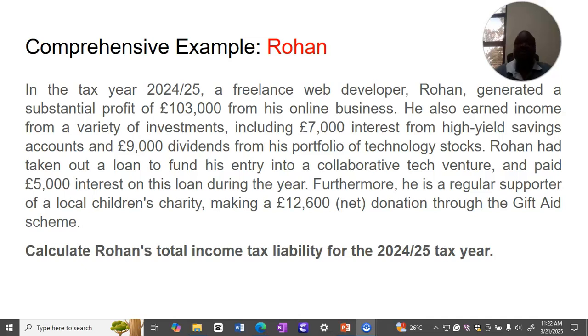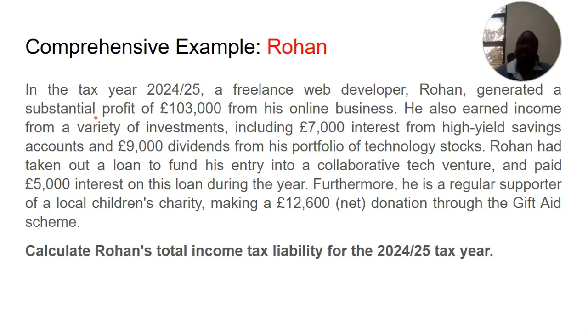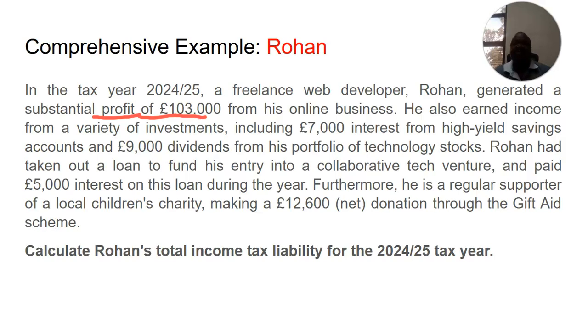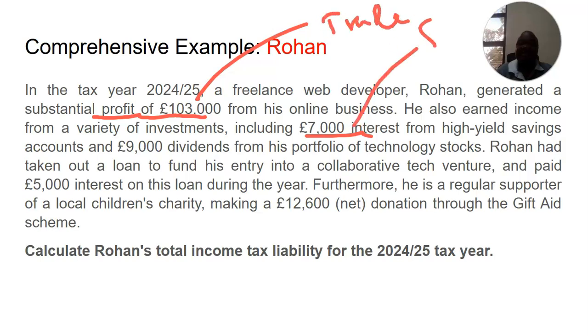So Rohan generated trade income. There are some profits there, that's the income from his business. And then he also earned income from investments, including 7,000 interest. So you can see that this one is trade income. This one is savings.